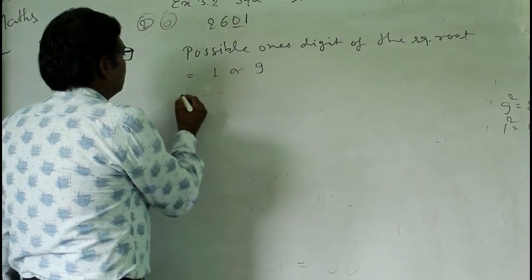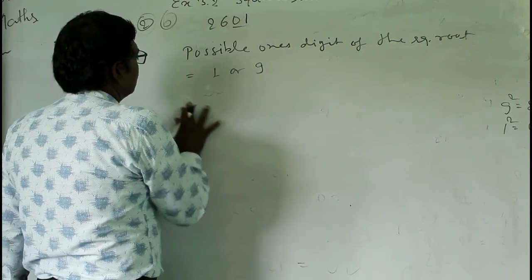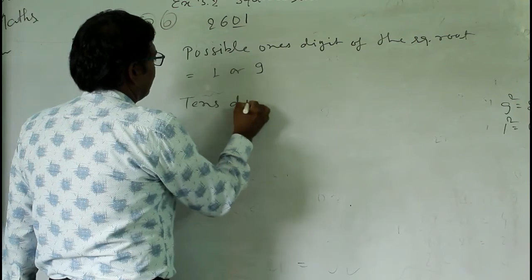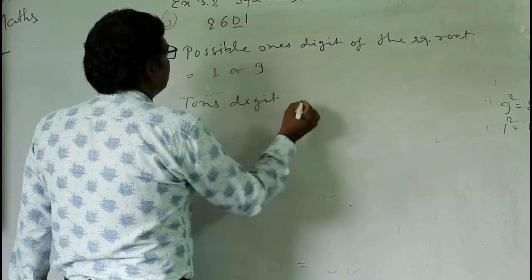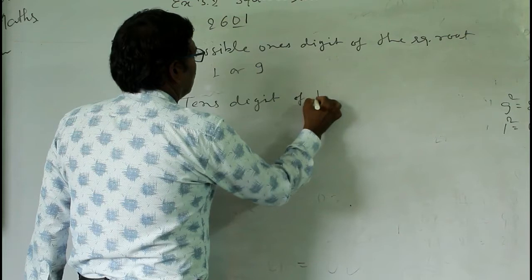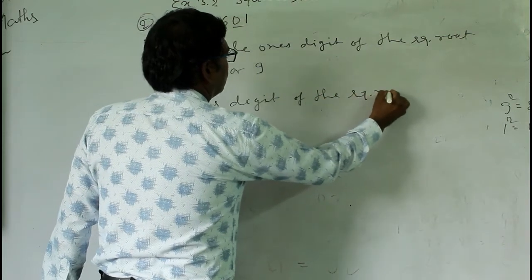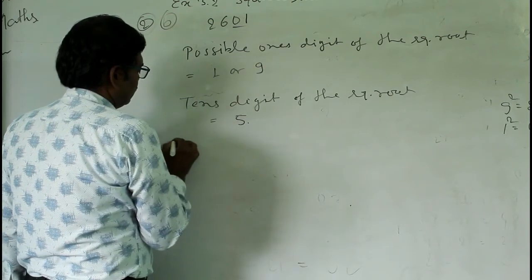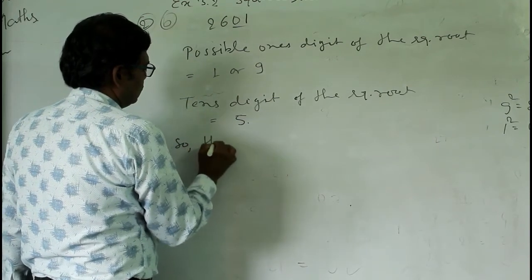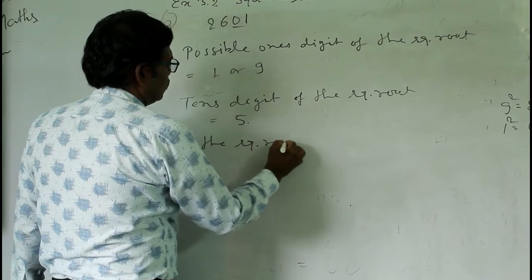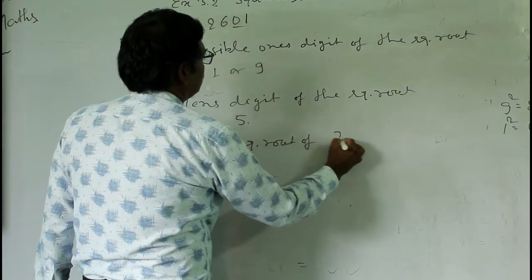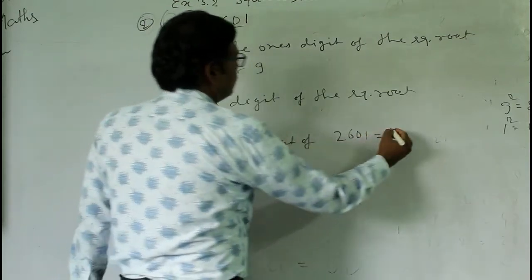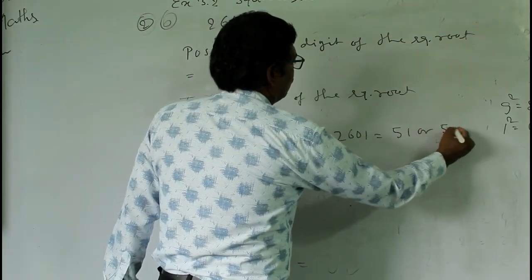So the tens digit of the square root is equal to 5. Therefore, the square root of 2601 is either 51 or 59.